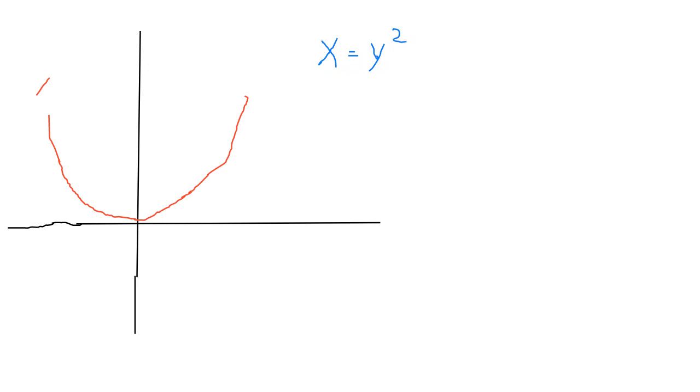So this function here, this parabola, is y equals x squared, right? Here's the x-axis. Here's the y-axis. So we all recognize y equals x squared as an up and down parabola.